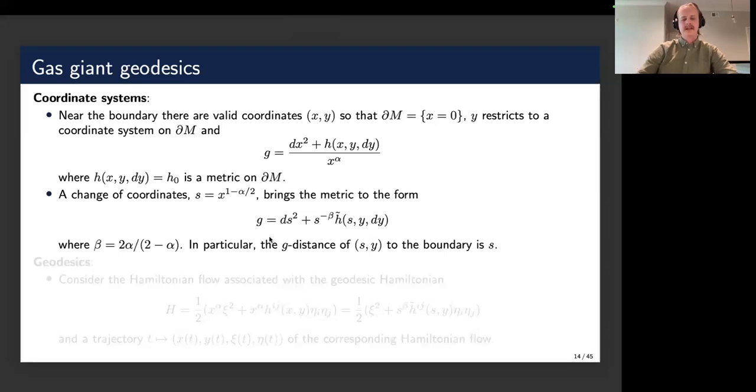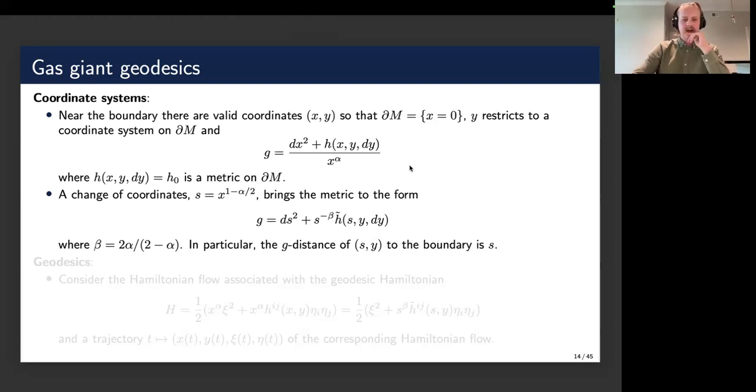Moreover, there are two competing types of coordinate systems near the boundary. Most of our analysis is going to be done near the boundary of such manifolds, so we want to use some nice coordinates there. Usually people use boundary normal coordinates.